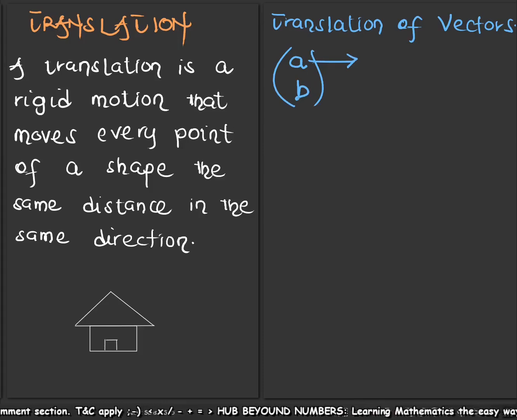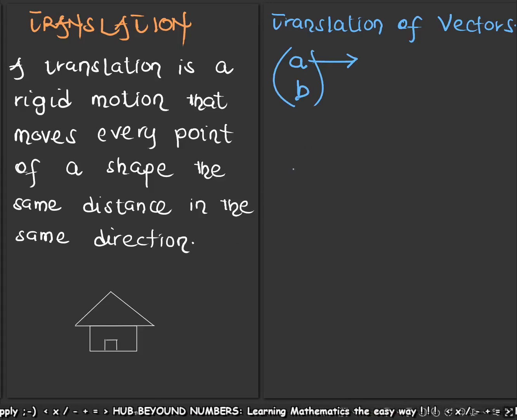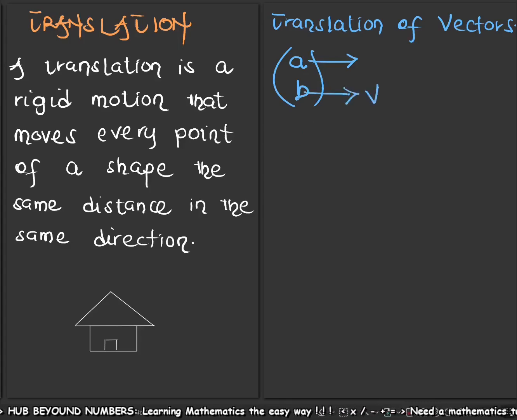It just works on the x-axis. Then the b, on the other hand, tells you how many units you should move vertically, that is up or down.